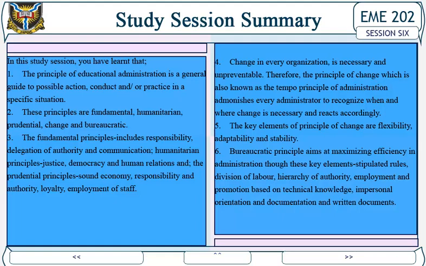For example, in primary school, authority flows from the head teacher to the assistant head teacher, senior teachers, head of unit, teachers and students. Likewise, in secondary schools, the vice principals are under the control and supervision of the principal, while the heads of department are under the control and supervision of the vice principals.